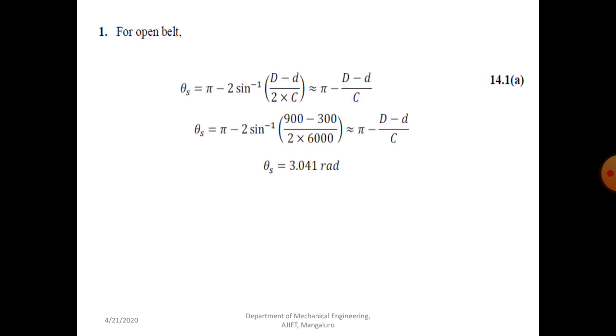Now we'll follow one by one. So first, open belt drive, we need to find out the angle of wrap, that is theta s, because all the diameters are also given, so they asked only to find out the angle of wrap, that is nothing but angle of contact. First we calculate theta s for open belt, that is from equation number 14.1a.